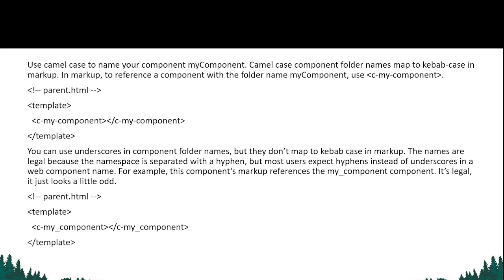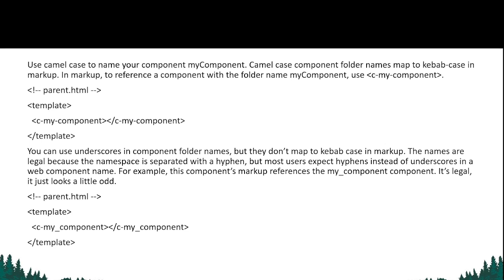Now I have the parent HTML where I am creating a template which is just calling the myComponent folder, and then the template is closed. So here I am using the hyphen to call the components. You can also use the underscore when I am talking about the component folder name, but they are not mapping to the kebab case in markup.